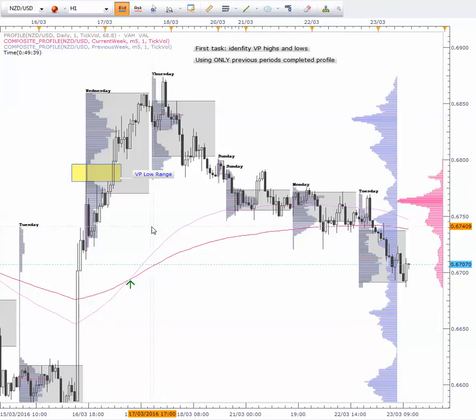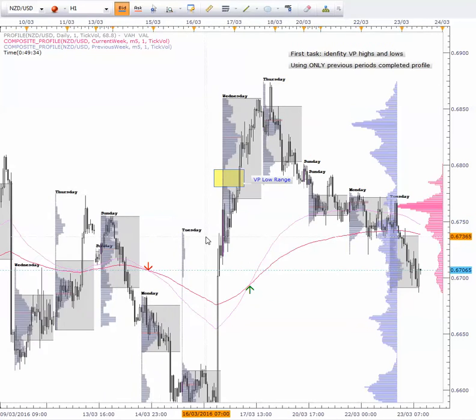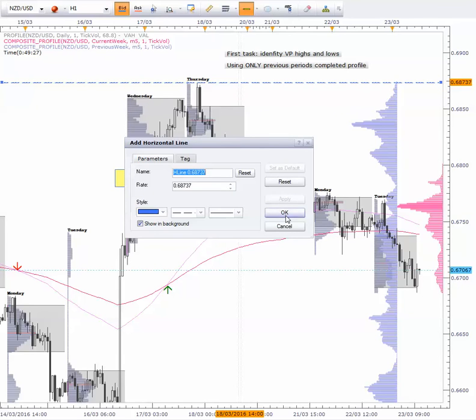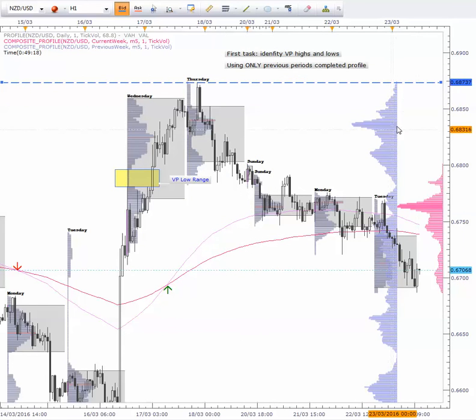Whereas if I use horizontal lines to define a high or a low, then I'm going to go right up to here. And this would be this 68.73, that is a specific point, a specific price level.